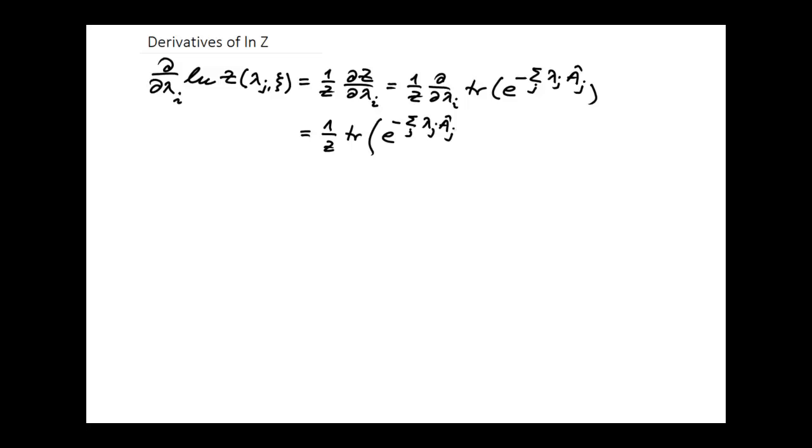The exponent is a sum, and we take the partial derivative with respect to one specific lambda, and only the summand that contains the specific lambda will contribute to the inner derivative, and that gives then minus A_i.